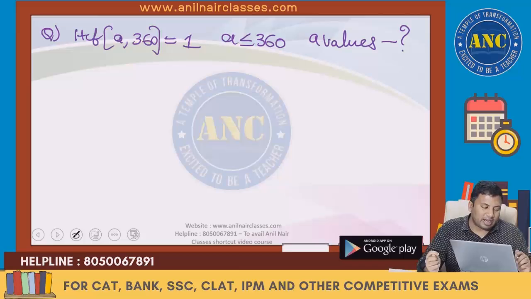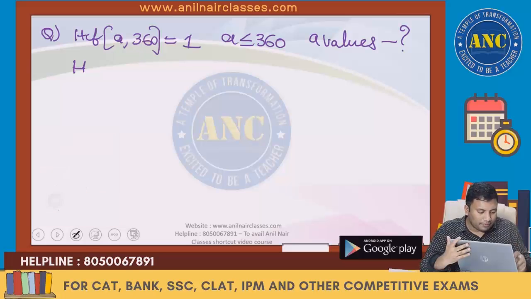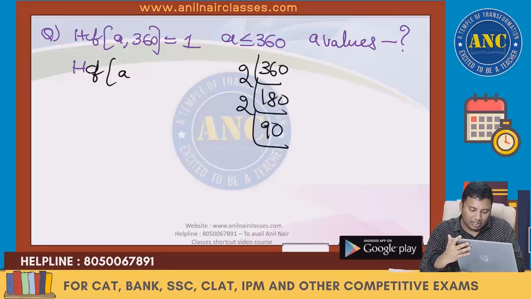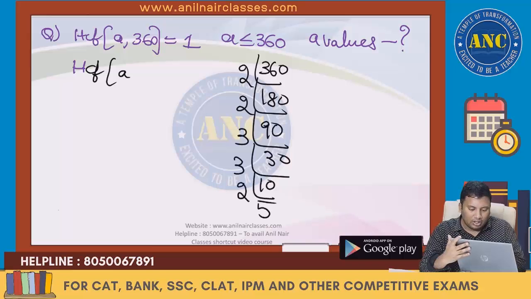HCF of A comma 360 equivalent to 1. How many values will A take? Again, see here. 360 simplified is: 2 180s are 360, 2 90s are 180, 3 30s are 90, 3 10s are 30, 2 5s are 10. 2 came 3 times, 3 came 2 times.